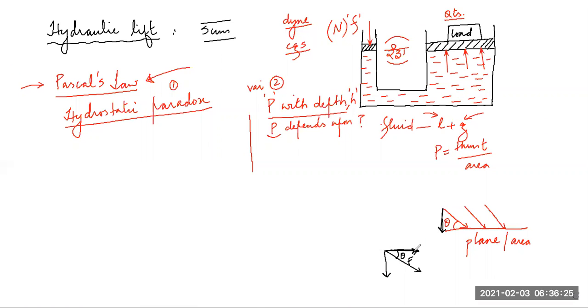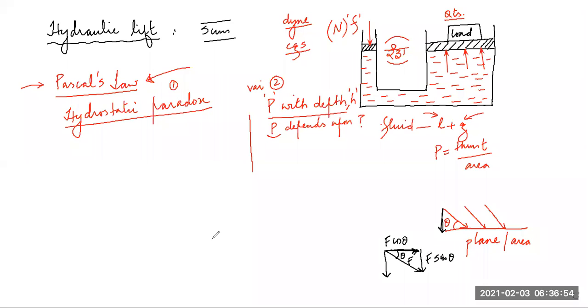Remember, the component which is touching this angle theta is always cos theta. This will be F cos theta, and the component which is opposite to theta is always sine theta, F sine theta.